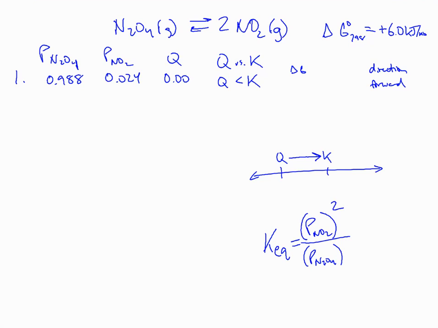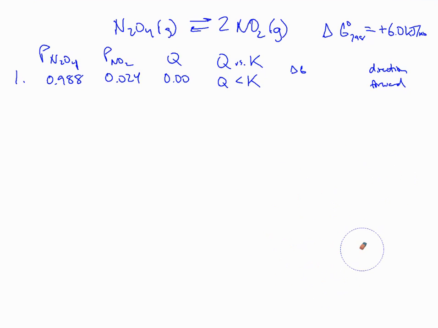And the delta G here, we're going to use our formula that we just found. Delta G for the reaction equals the standard delta G for the reaction plus RT times the ln of Q. And so we have some numbers.